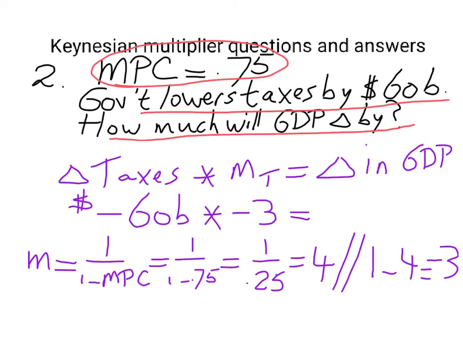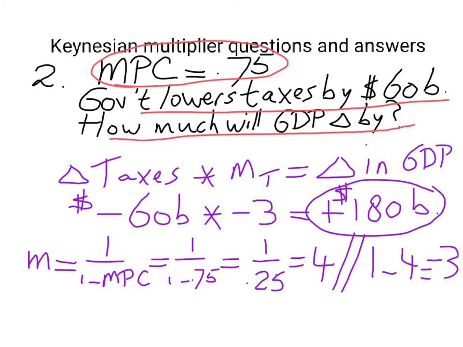And so we have minus 60 times minus 3 is plus $180 billion. So as a result of the government lowering taxes by $60 billion, the GDP in the economy will increase by $180 billion according to the Keynesian model.